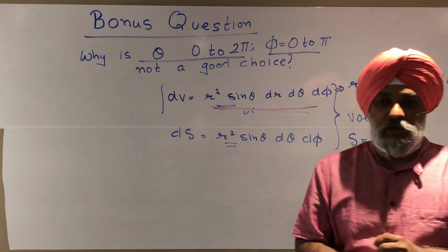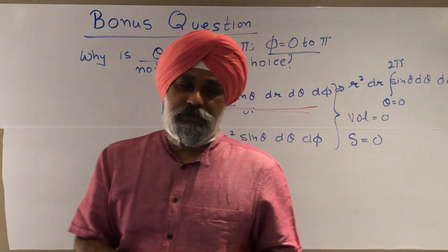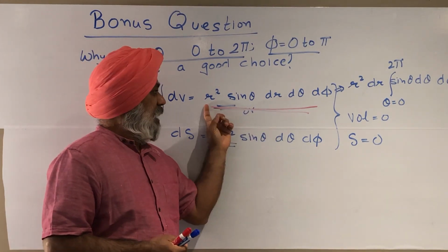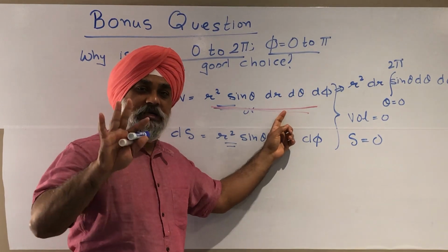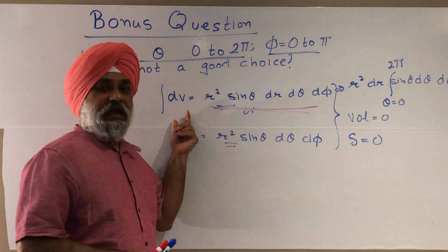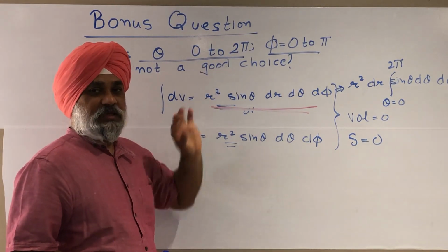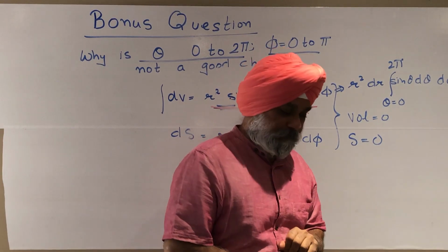You are looking at a symptom and considering it to be the cause. This is the symptom of the fact that this differential element does not represent the dV element when I want to use these limits: theta equal to 0 to 2 pi, phi equal to 0 to pi.